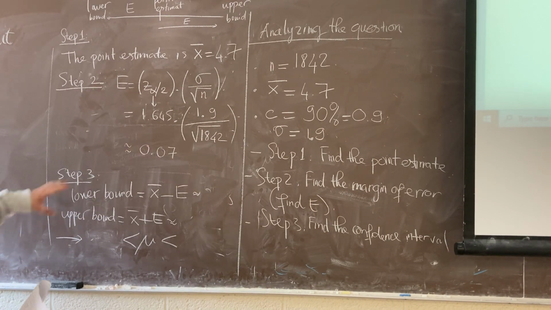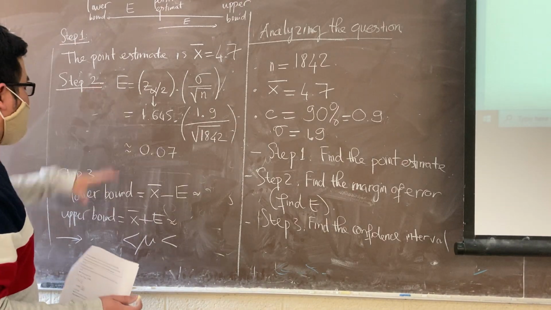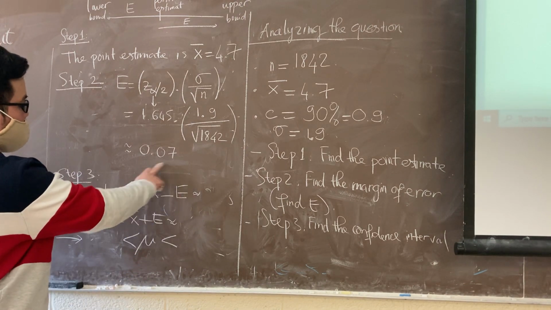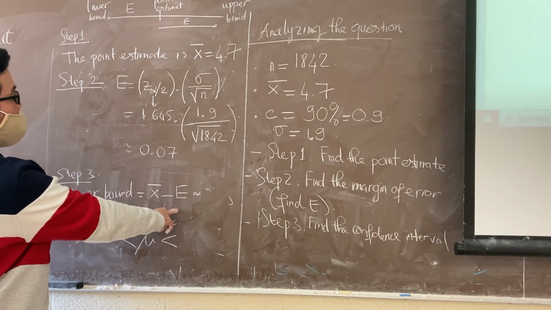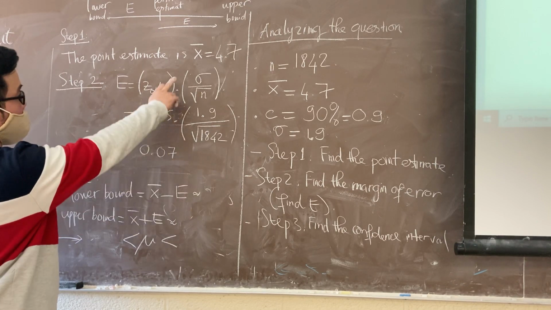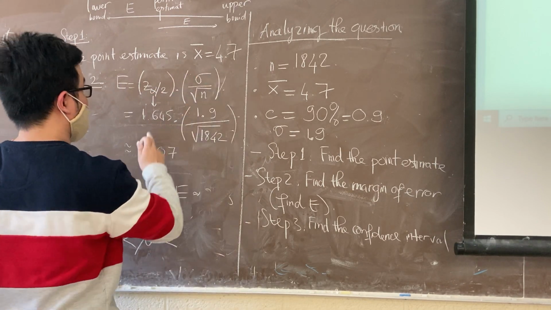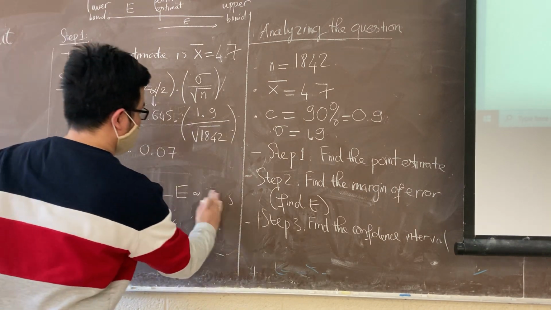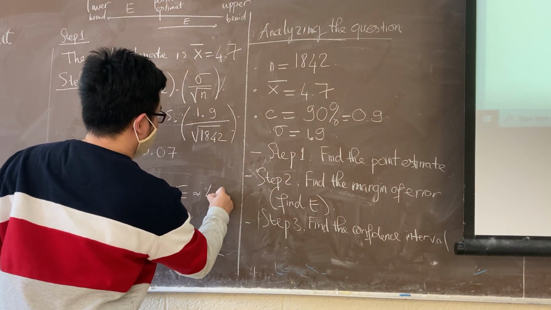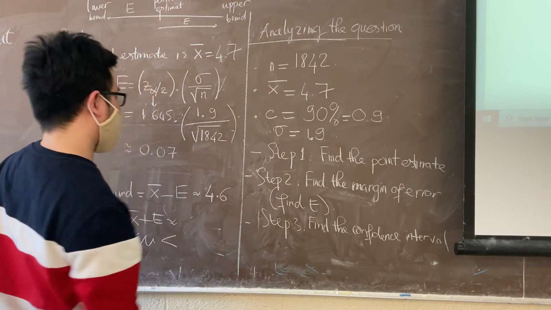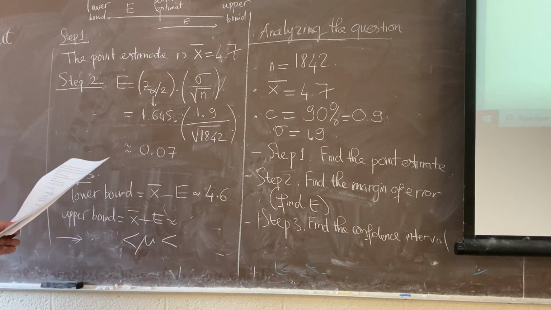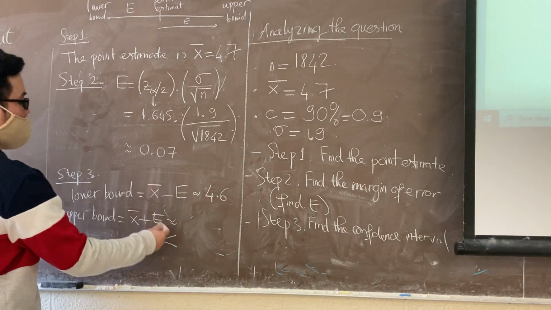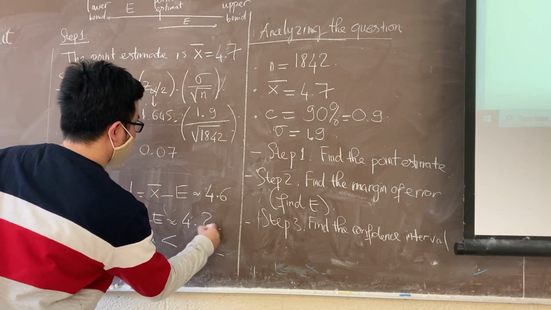After that, when you know the margin of error, you can find the lower bound using the formula x bar minus the margin of error. The point estimate is 4.7, so you subtract this number. You get a value of nearly 4.6. And the upper bound, the point estimate plus the margin of error, should be 4.8.